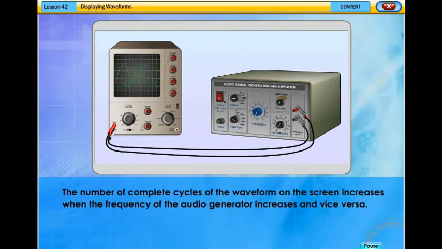The number of complete cycles of the waveform on the screen increases when the frequency of the audio generator increases and vice versa.